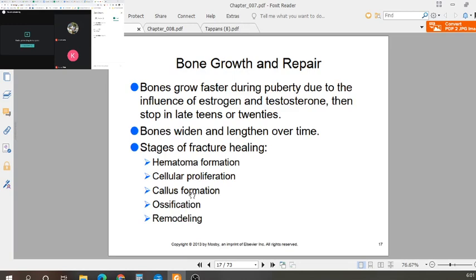Bone growth and repair is next, but first I want to highlight the different types of bones. So we have long bones, short bones, flat bones, irregular bones, and sesamoid bones. Yes, you need to know those. These are going to come up as we learn the bones, what type are they. So just review that so you get a preview, okay?